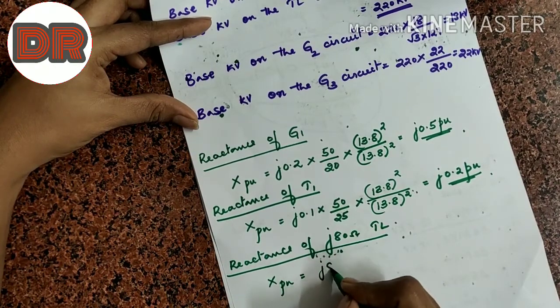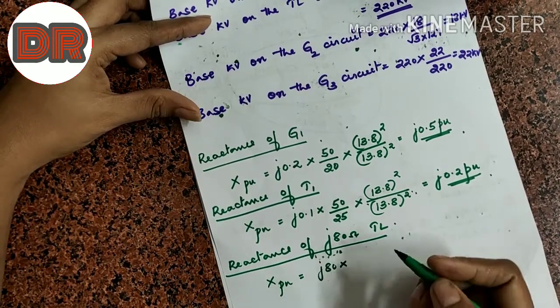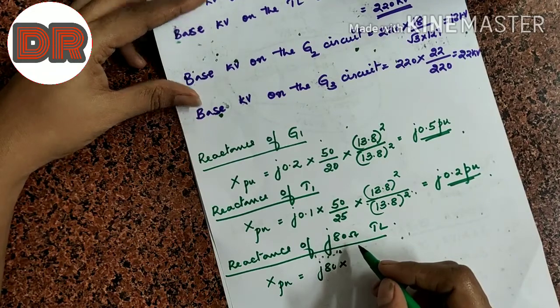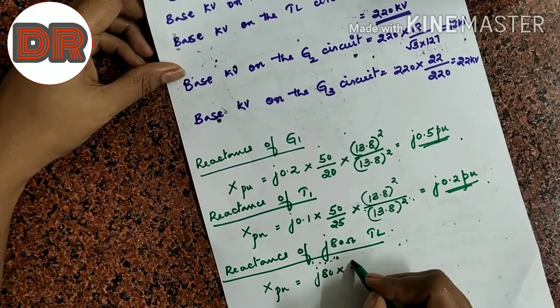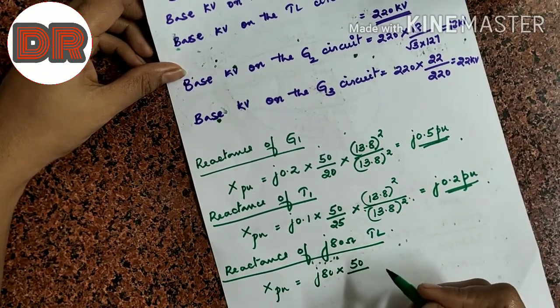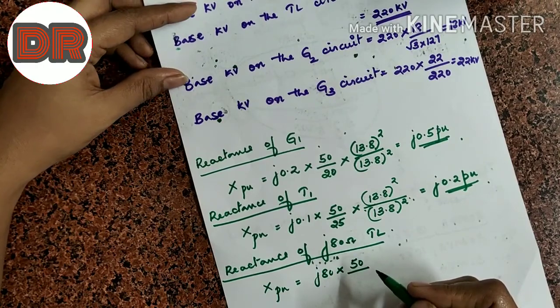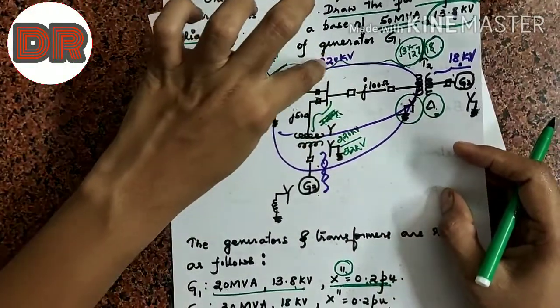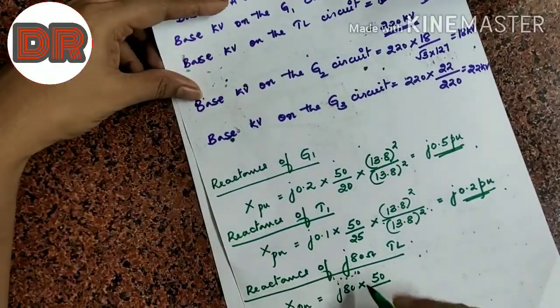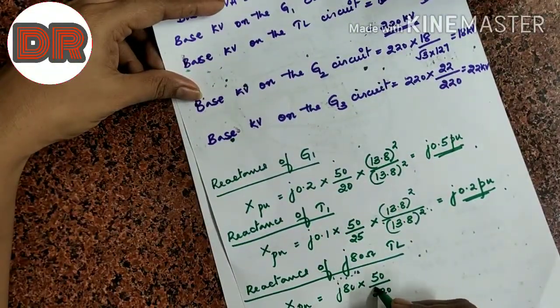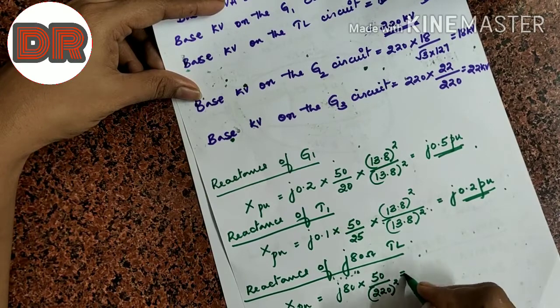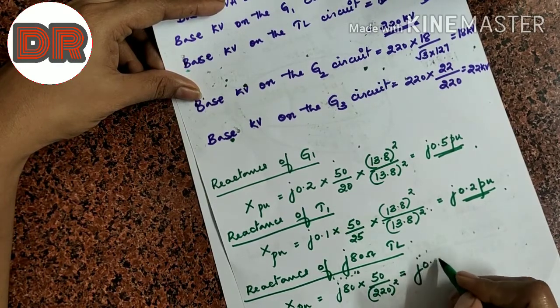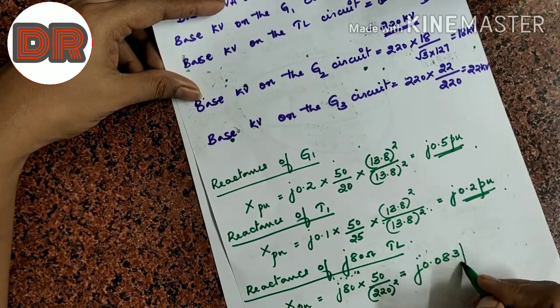So it is ohmic value into MVA base, 50, divided by kV base square. What is the new kV base on the transmission line side? It is 220, so 220 square. So we will be getting j0.083 per unit.